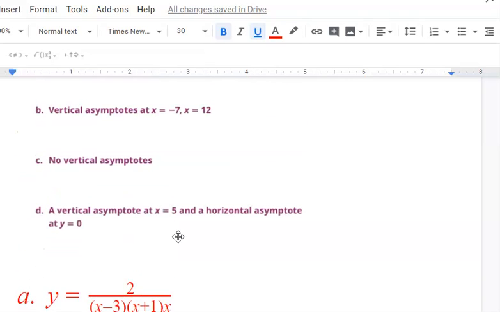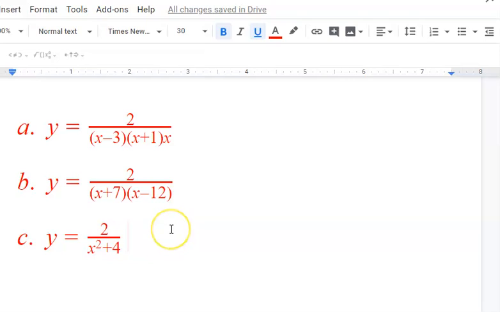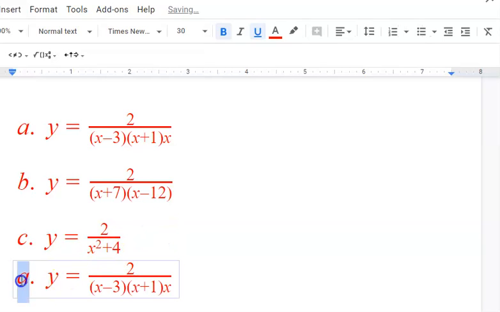All right, the next one, a vertical asymptote at x is equal to 5 and a horizontal asymptote at y is equal to 0. Well, let's see. You might want to type this one. I'm going to do Control V and paste. Change that to D. Now it says a vertical asymptote at x equals 5.